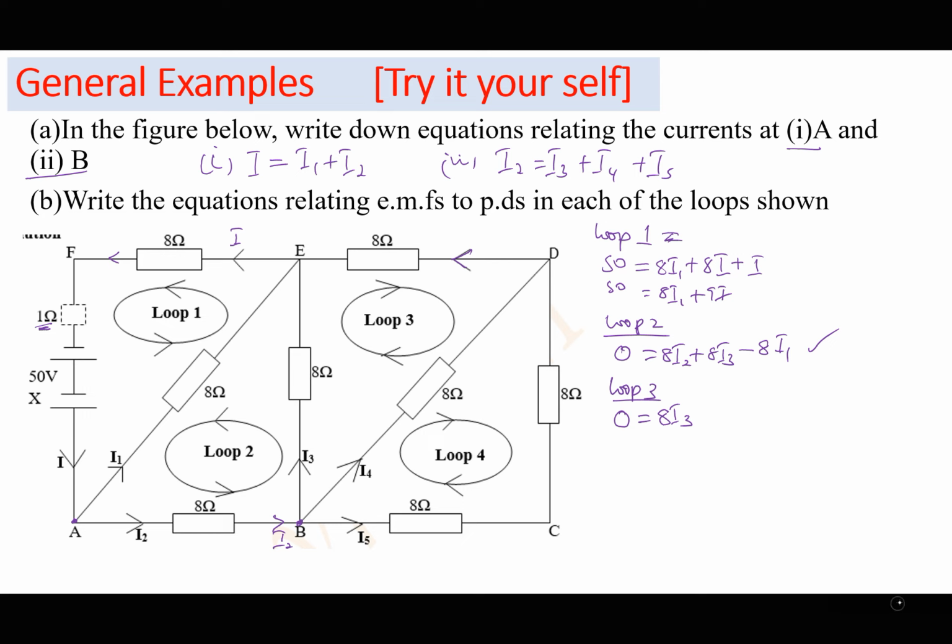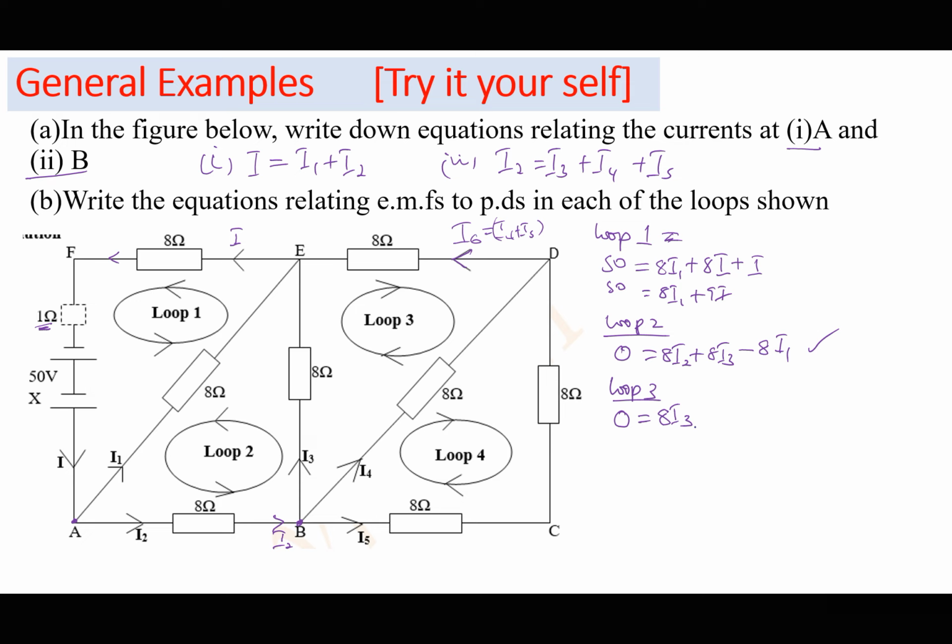For simplicity, let me just call it I6. At D, I5 is entering and I4 is entering, so I5 plus I4 is equal to I6. Even if I don't know this current, I can just put I6 equals I4 plus I5. I could put this in brackets, but I will just call it I6.